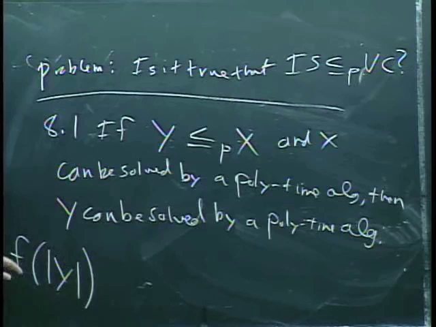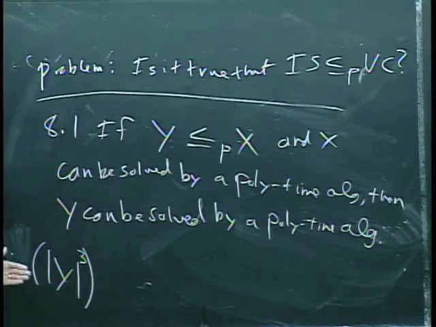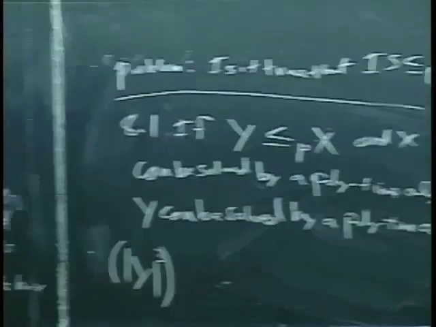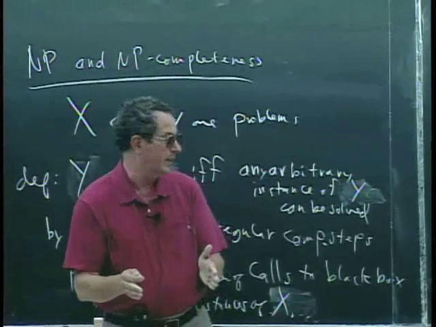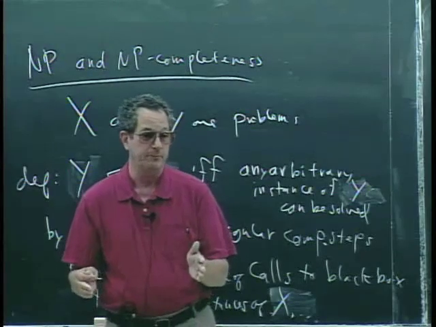So let me be completely concrete for you. Let's say I did cubic time to do the reduction, to set up the instances that are going to be fed into the black box for x. And let's say that the algorithm that can solve instances of x is a quadratic time algorithm. Okay?